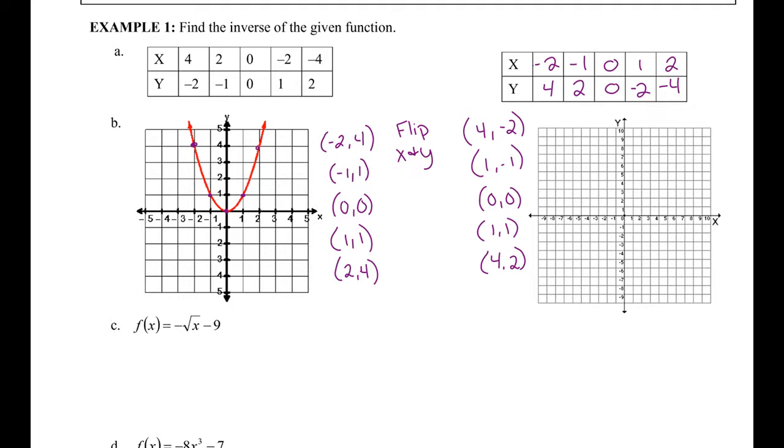And I'm going to plot our new points. And that gives me my graph of my inverse function. We're going to look at examples C and D in class, so please flip it over to look at example 2.